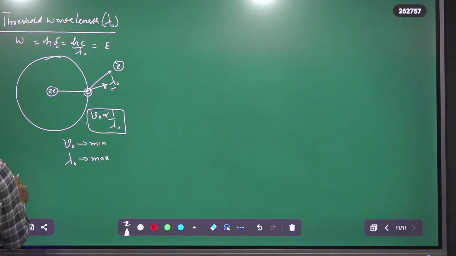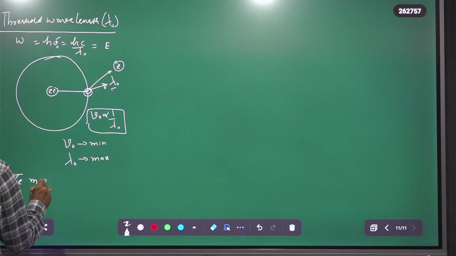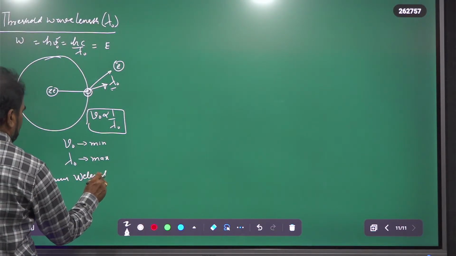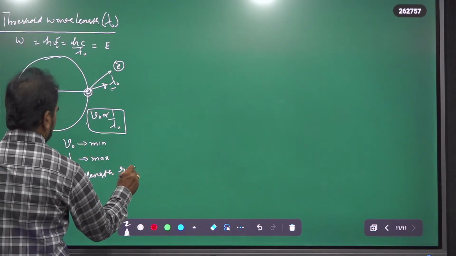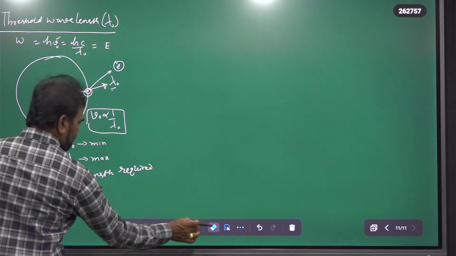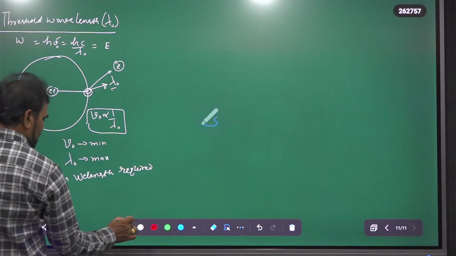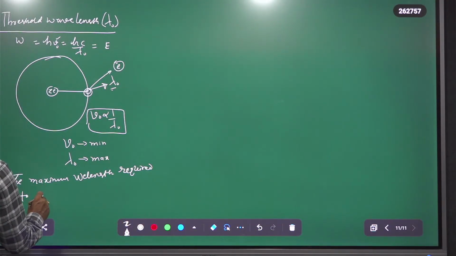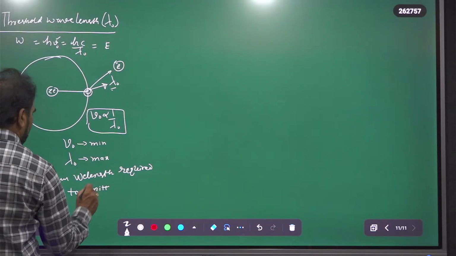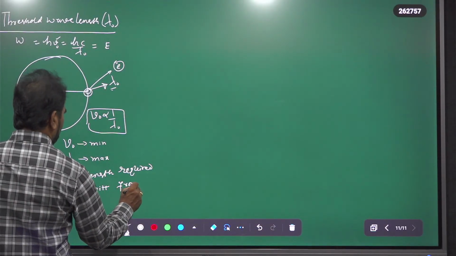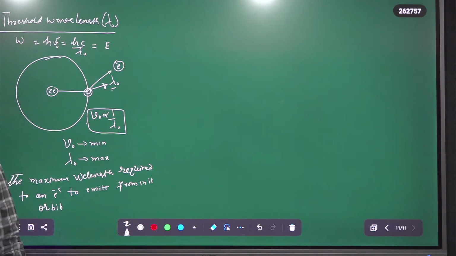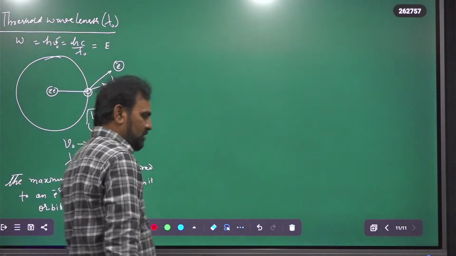The maximum wavelength required for an electron to emit from its orbit is called a threshold wavelength.